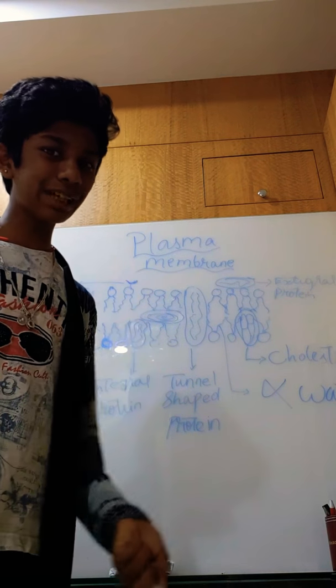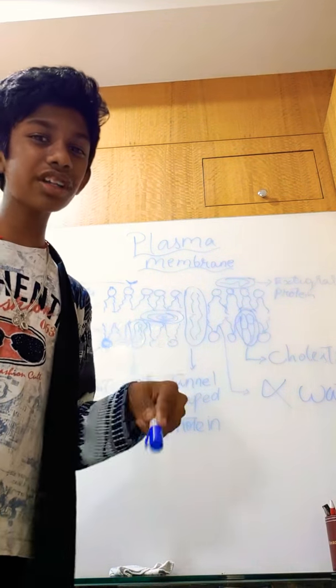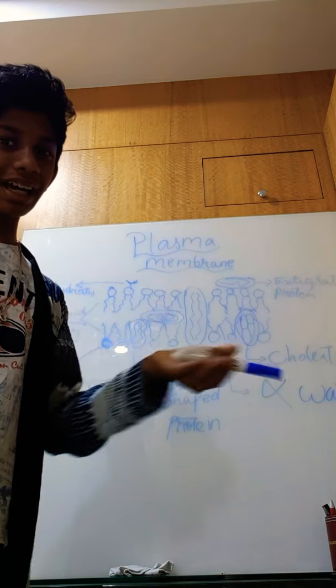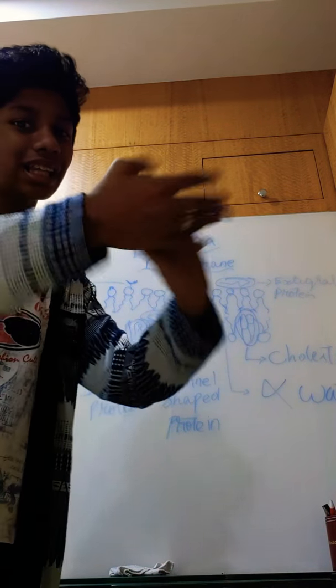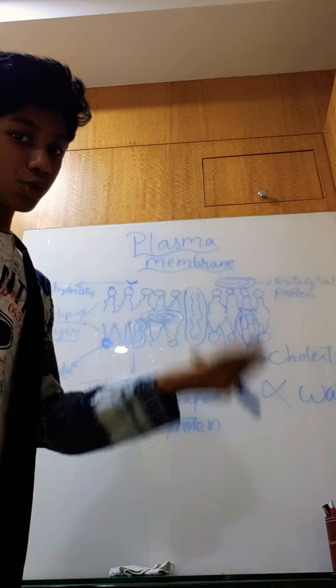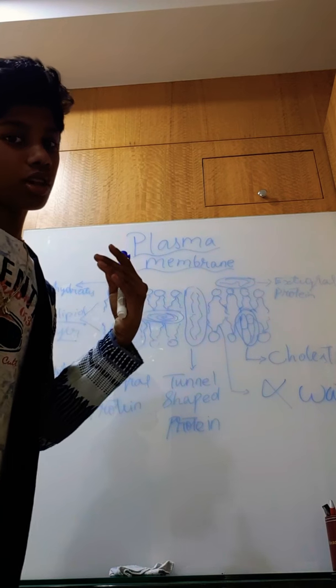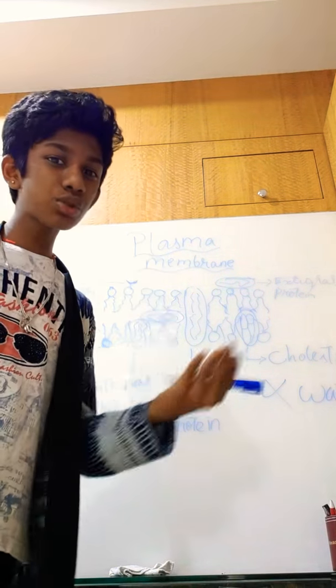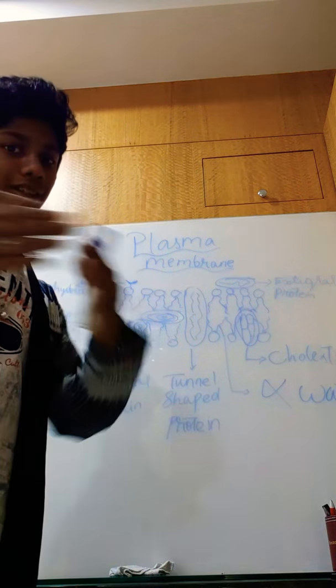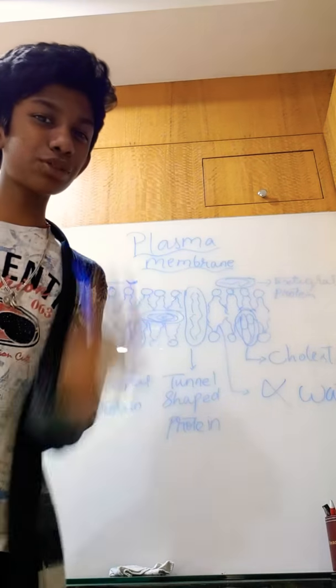Phagocytosis is taking solid particles inside the cell, like an amoeba takes in a bacterium, digests it and leaves the waste outside. And pinocytosis, as we drink water, takes in fluids like sugars, fructose and glucose.